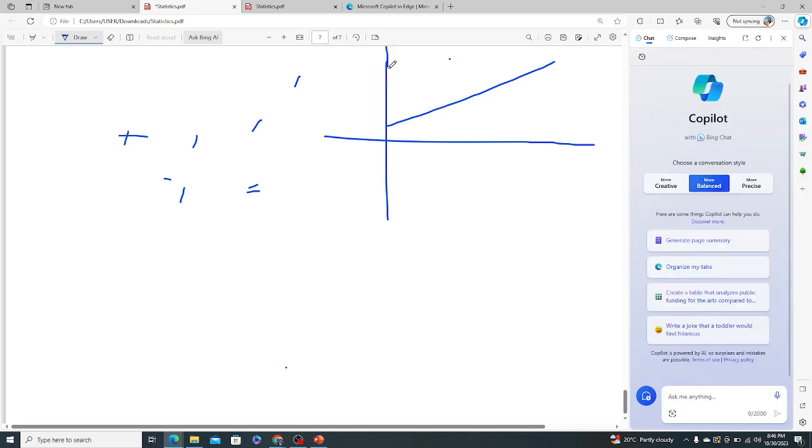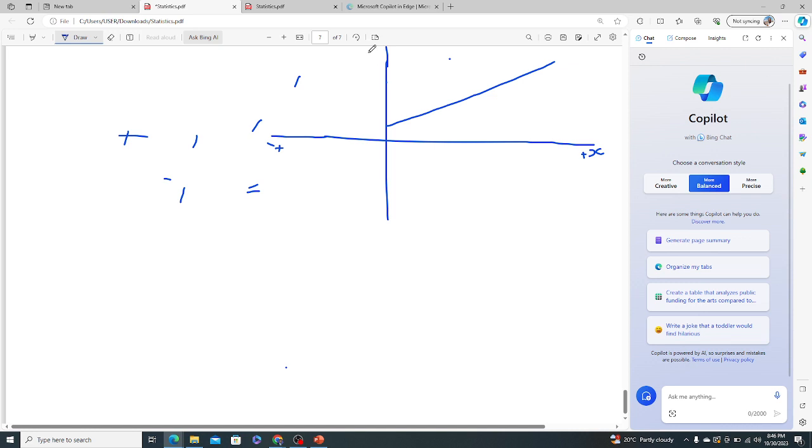Remember we've said the y-intercept can be a positive intercept. Why? Because under the positives, this is positive x, remember that, and this is negative x.